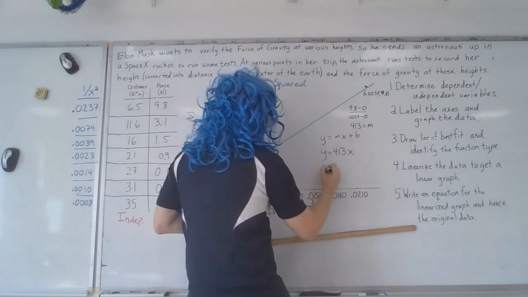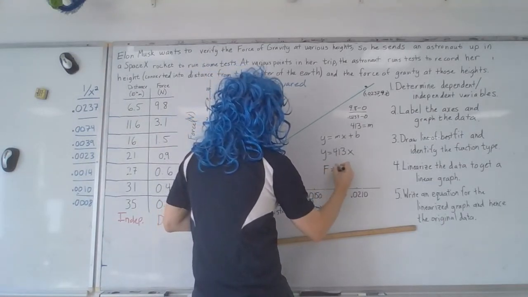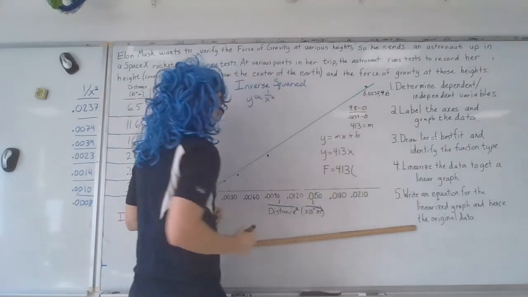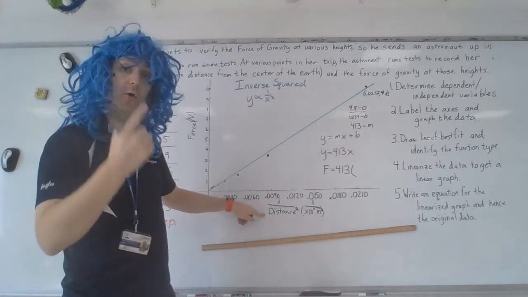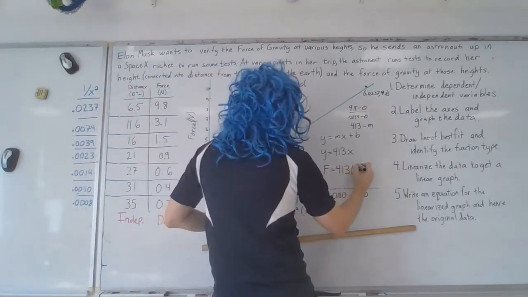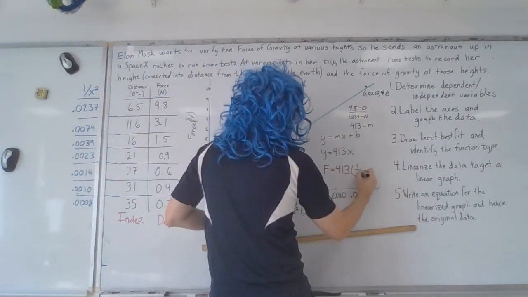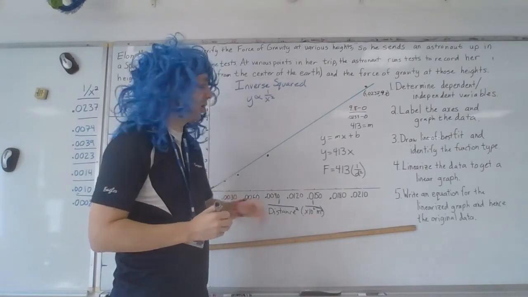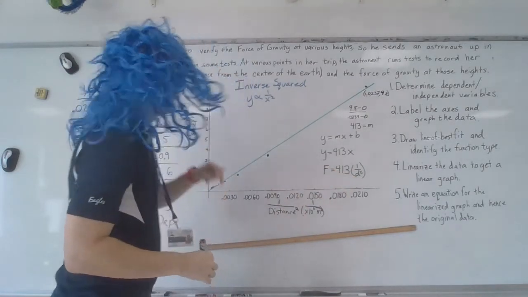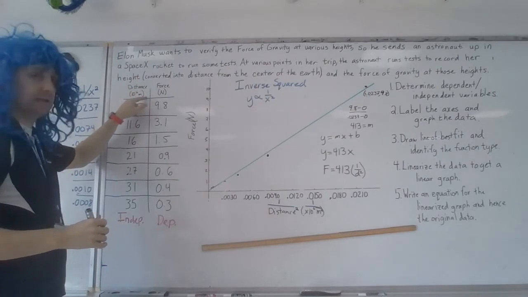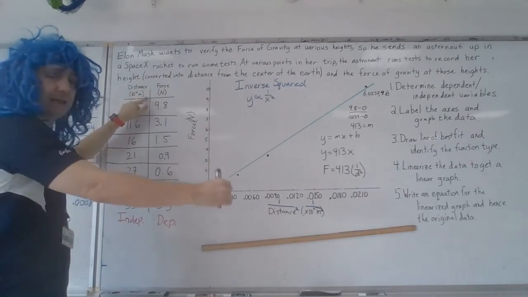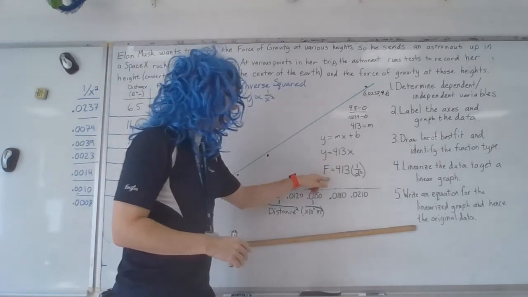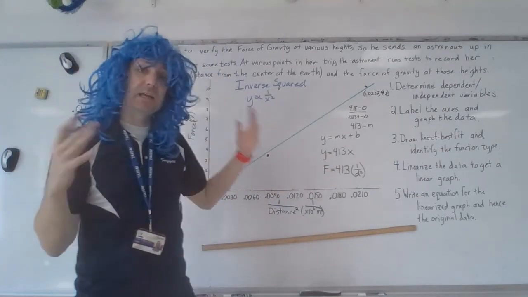So I'm going to say the force is equal to 413, and then x is going to be 1 over the distance squared, because that's what is on my x-axis there. So 1 over distance squared, and we'll just need to note that the distance should be in 10 to the 6th meters, and if you put that in 10 to the 6th meters, the units will all work out so that my final force is in newtons.